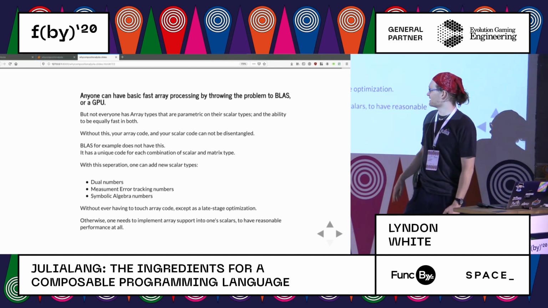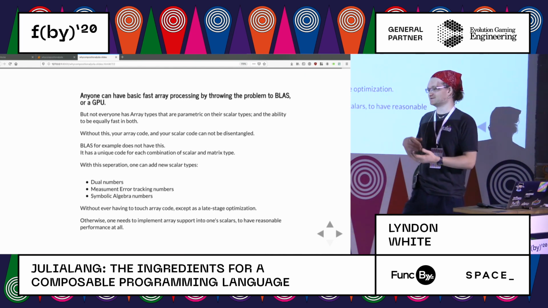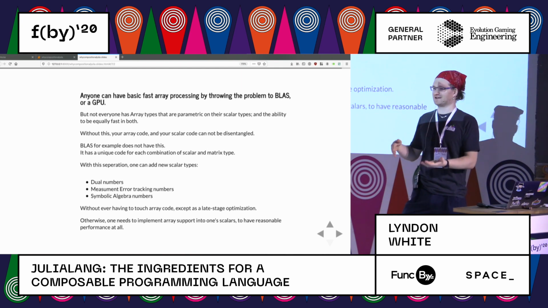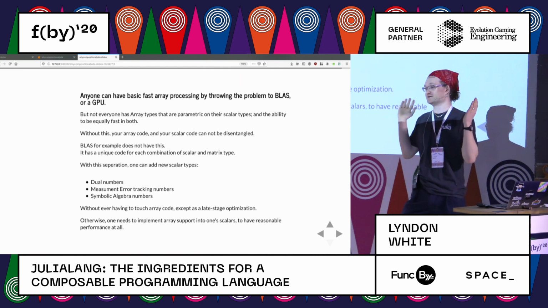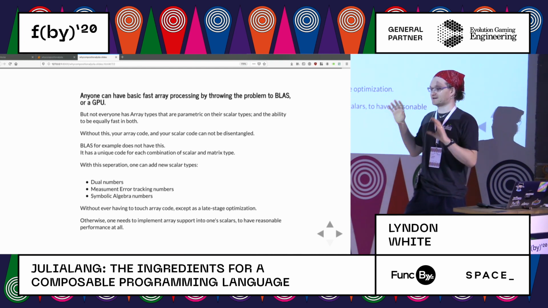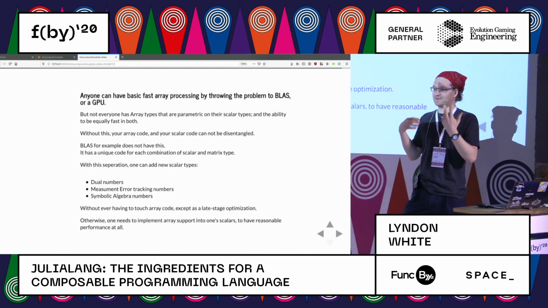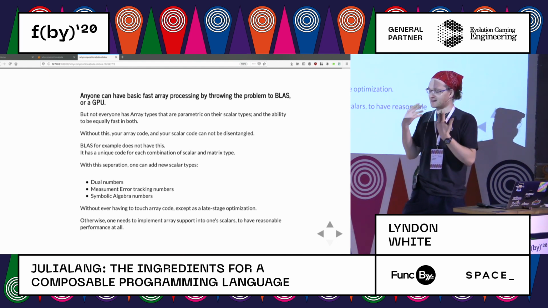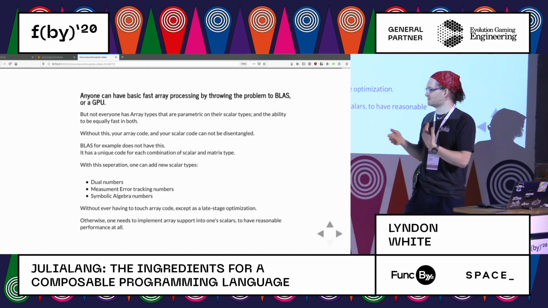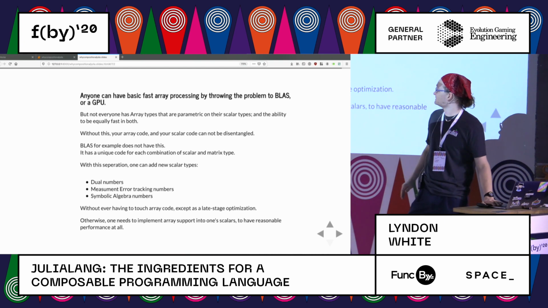And there are lots more scalar types you want. Dual numbers perform automatic differentiation because of how they propagate through a system, and it's like a complex number, except instead of the square root of negative 1, you've got the square root of 0, but it's not 0, but anyway. Or you can throw in a symbolic type, which looks something like what Mathematica would do, where it would be able to manipulate equations, and then you can do some symbolic algebra on your existing matrix types, if you can make them both fast.